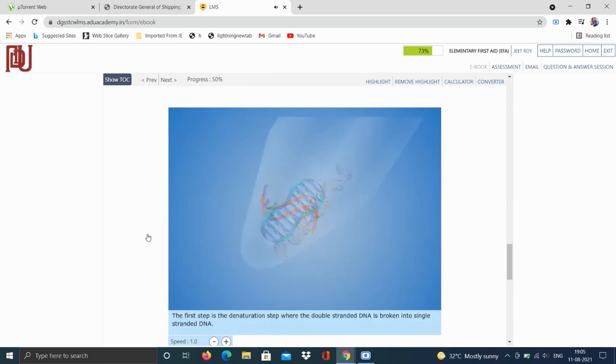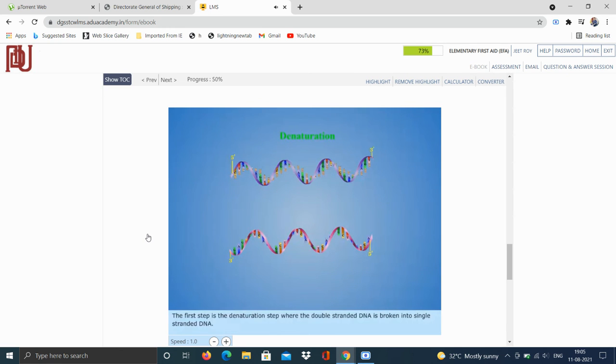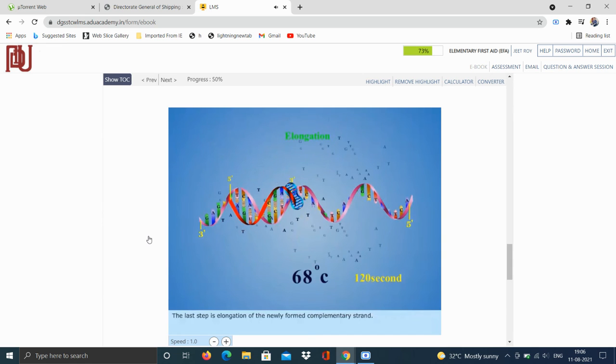The first step is the denaturation step, where the double-stranded DNA is broken into single-stranded DNA. The next step is annealing, which involves the attachment of the primer on both the strands. The last step is elongation of the newly formed complementary strand.